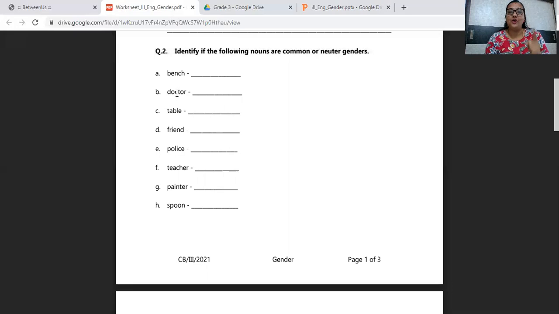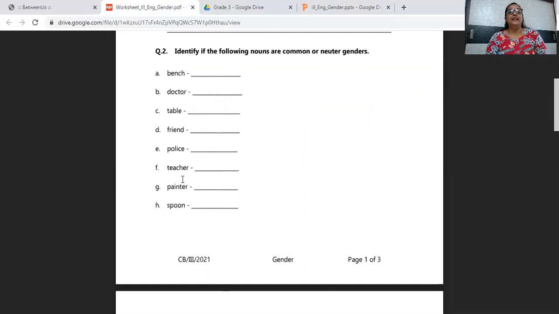It's a common gender because when we say doctor, we don't know whether it is a he doctor or a she doctor. Next, table. It's a non-living thing, neuter gender. Friend, common gender. Police, they have not mentioned policeman or policewoman, so police is common gender.